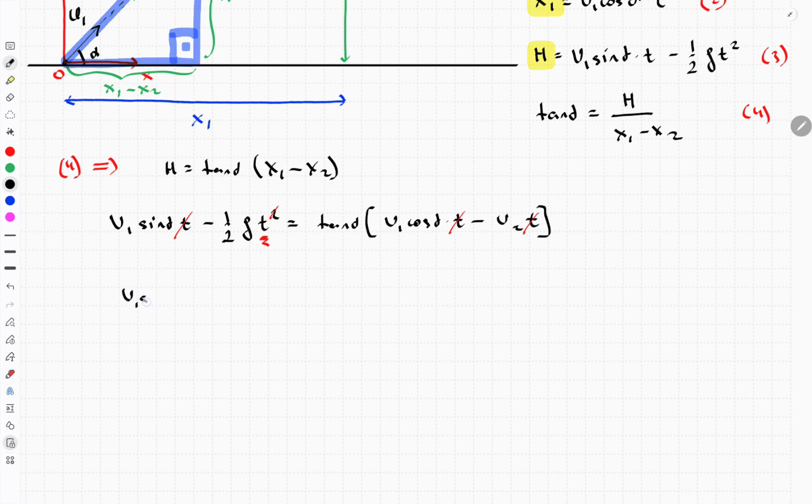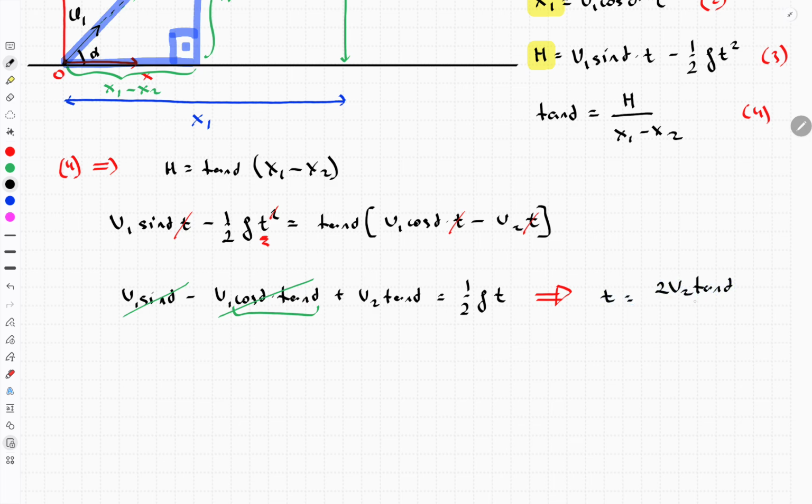So v1, minus, I will open the bracket, g t. So if you pay attention, this part will be equal to sine alpha, so we can remove this part, and from here it's obvious that time equal to 2 v2 tangent alpha divided by gravity.